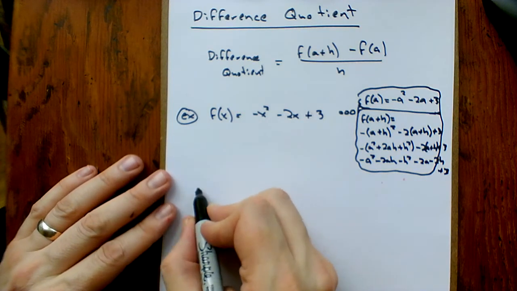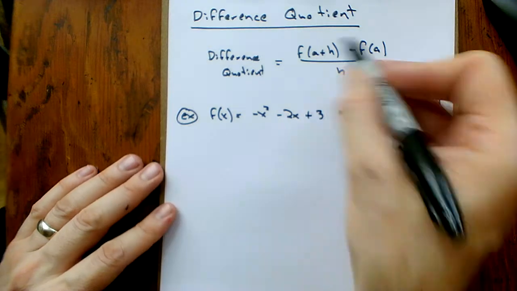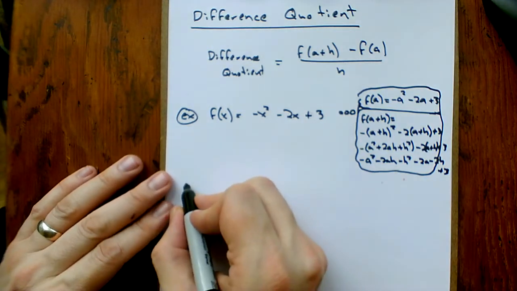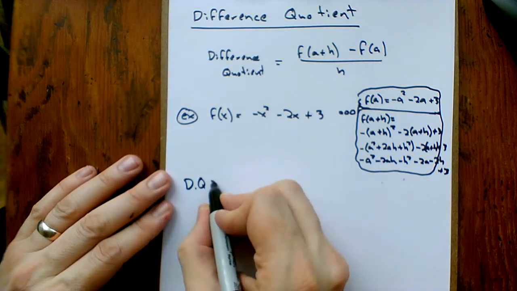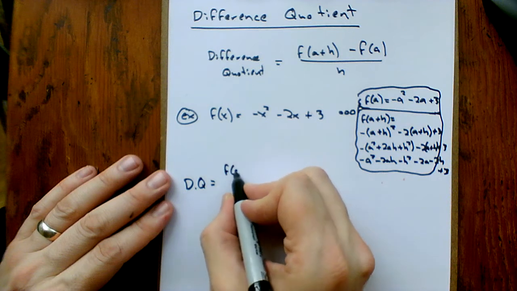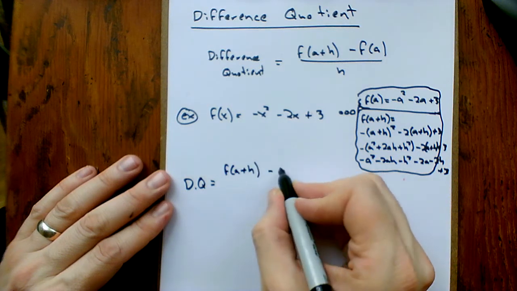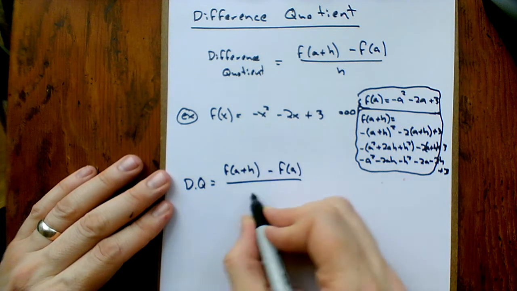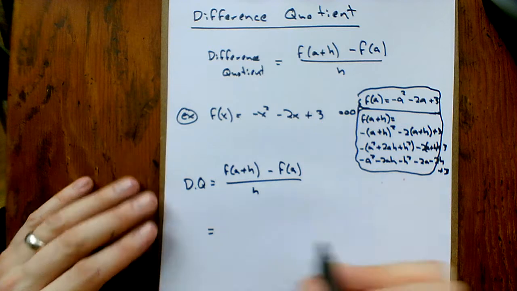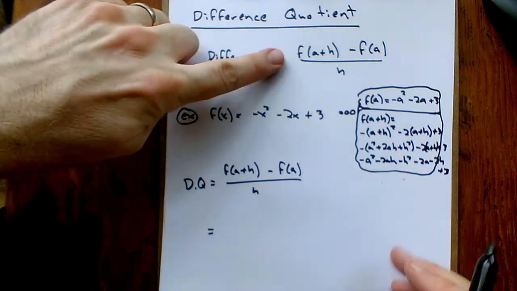So when I rewrite all of this, when I take a look at my difference quotient, that's f of a plus h minus f of a all over h. Here's my f of a plus h.